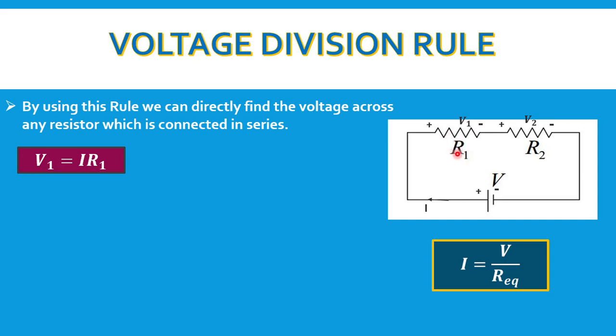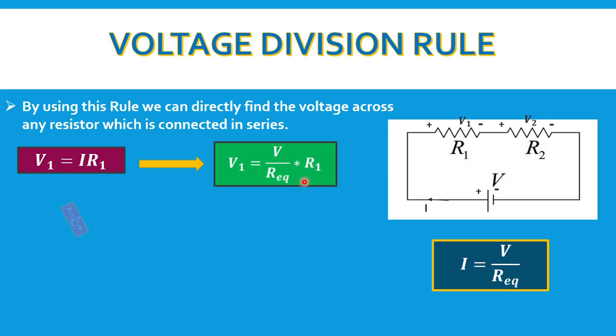Because I is equal to V upon R equivalent, replacing I by V upon R equivalent, we get the voltage across resistor 1, V1, equal to V upon R equivalent into R1.